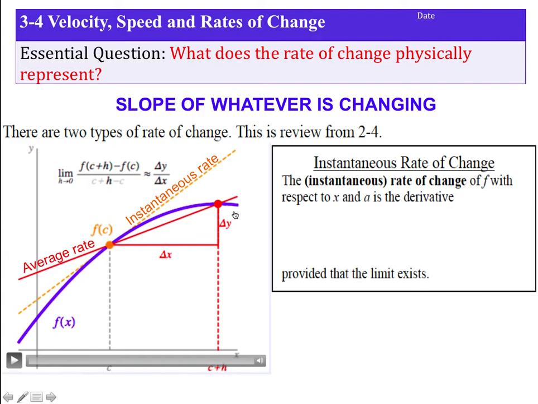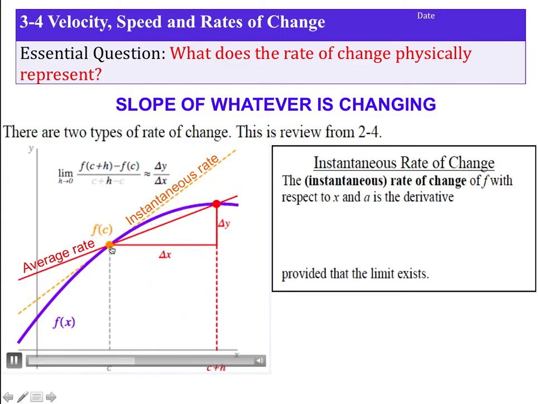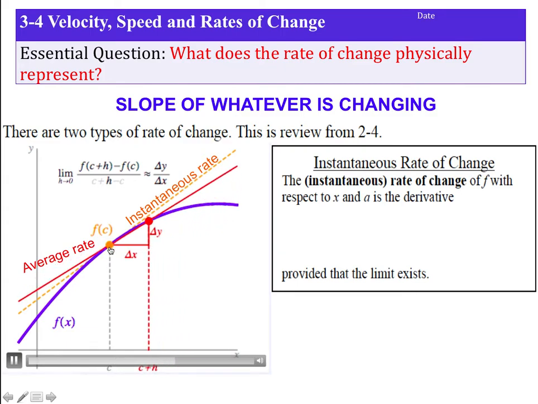And so if we run this animation, we're not talking about average anymore. We're talking about instantaneous rate, when we're talking about the slope at 1 point here, this orange point.